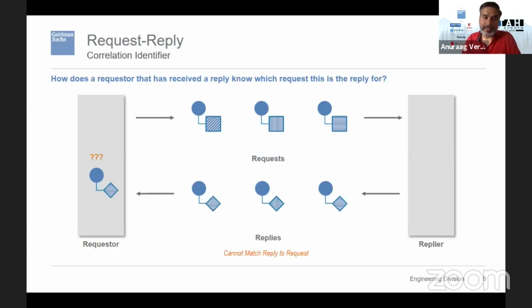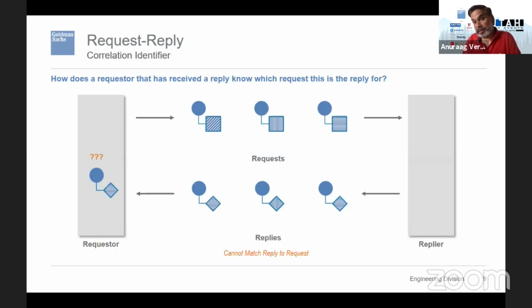Moving on, another consideration you have to take into account is how do you map the request and replies? Like I said, this is an implementation use case that you follow when you're using an async implementation pattern, which basically means at the least your requester is not blocking on the same thread on which the request was sent out. So likely it's listening for replies on a different thread.